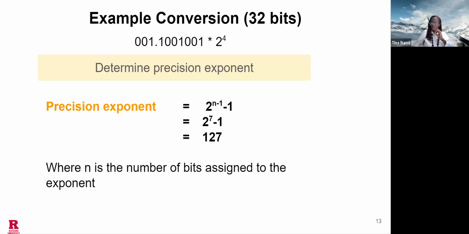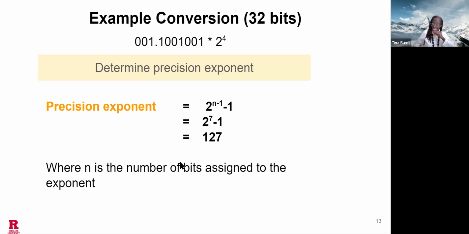If I consider n as the number of bits used to represent the exponent, I can determine how many things I can fit into that exponent value by using this equation, 2 to the n minus 1, that whole thing, and subtract 1 from that. That means I can fit up to this amount of information in there, which ends up being 127. So 127 becomes my precision exponent, or what I'm using to calculate the data.